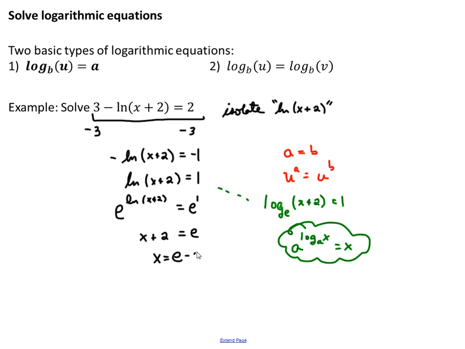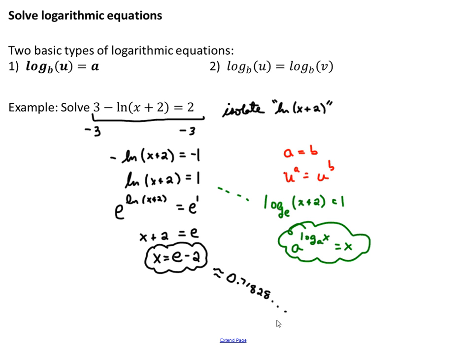Now, again, we can approximate the answer if we wanted a calculator type of solution on this one. Since e is approximately 2.71828, we might find a decimal solution like 0.71828 or so.